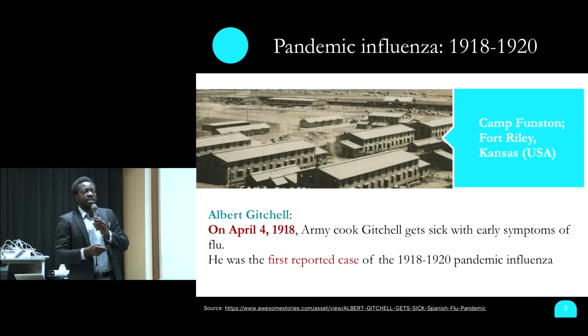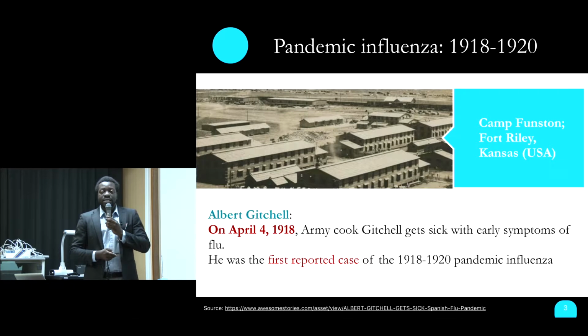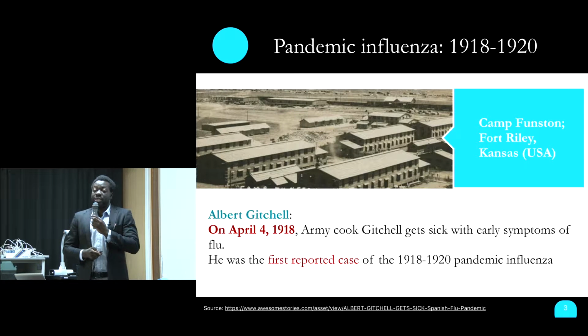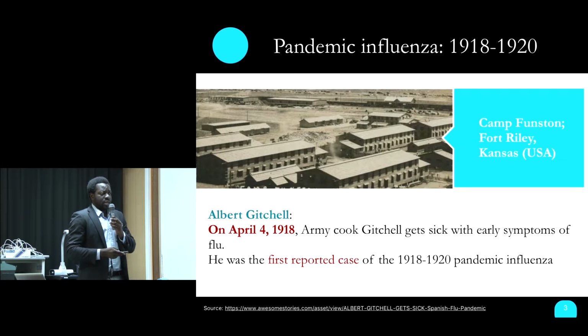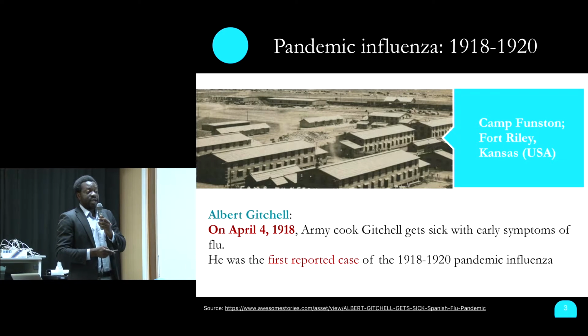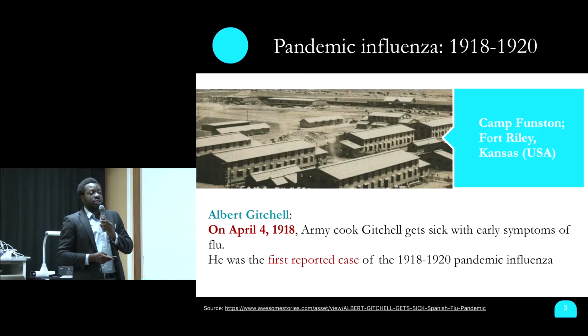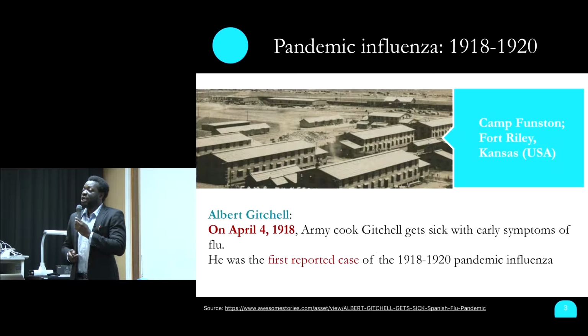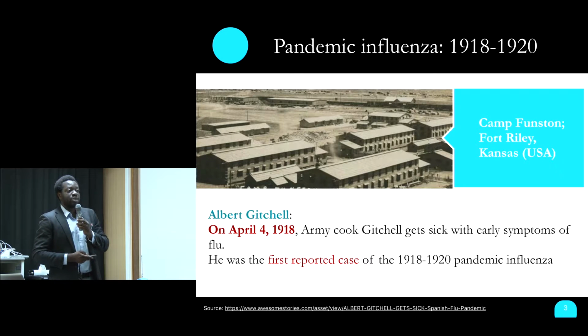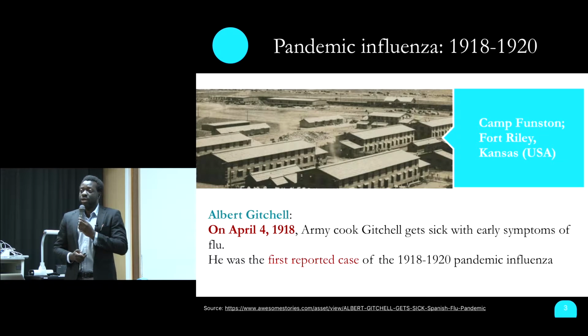They call it Camp Funston in Fort Riley, in the east side of the U.S. What happened is that on April 4, 1918, a soldier by the name of Albert Kitchell, an army cook in the military camp, got sick with early symptoms of flu. Actually, it was the first reported case of the Spanish flu in that year.